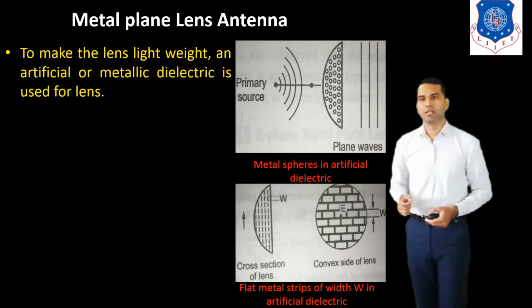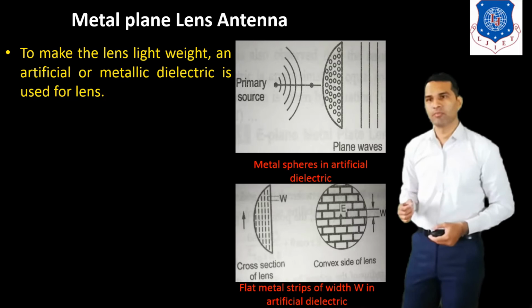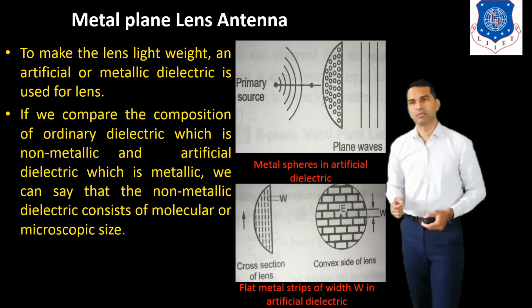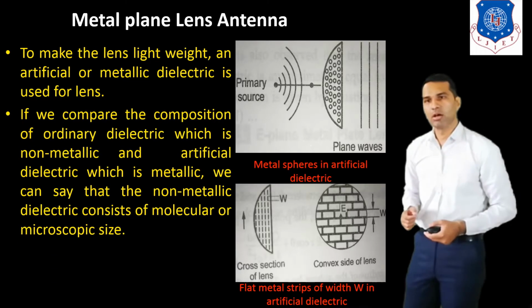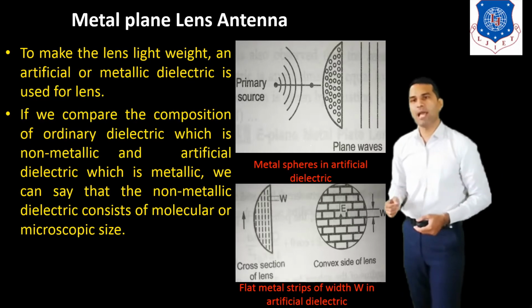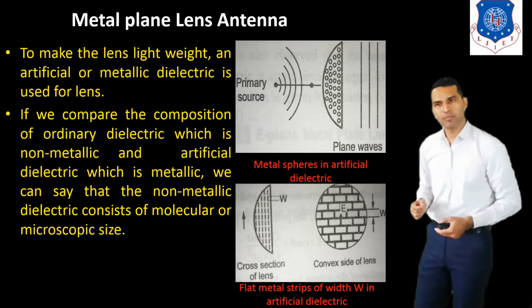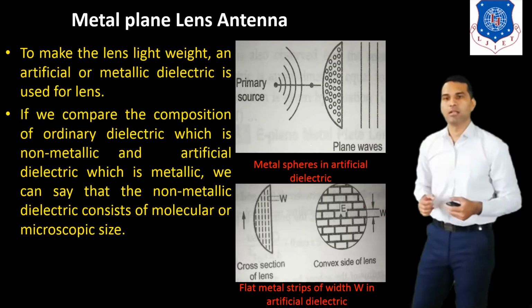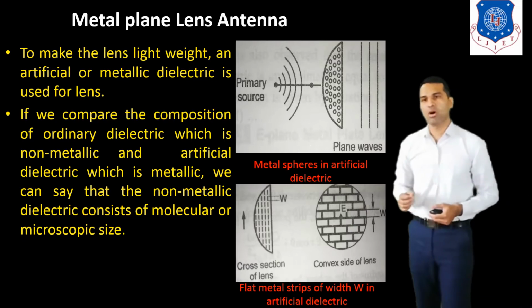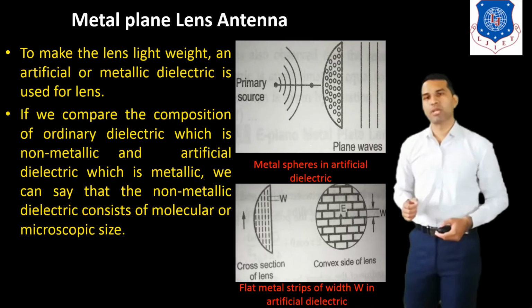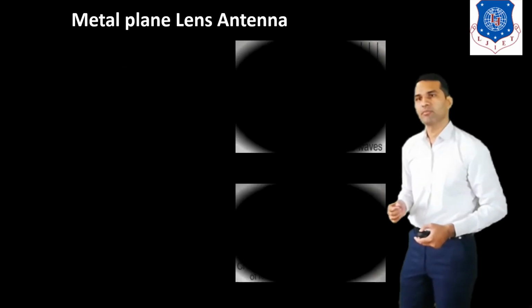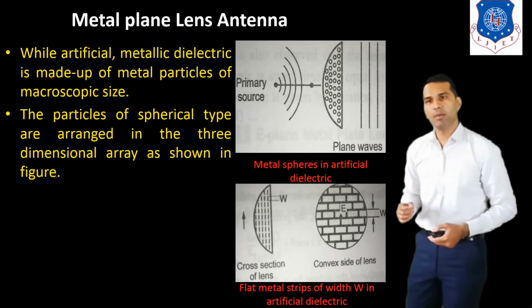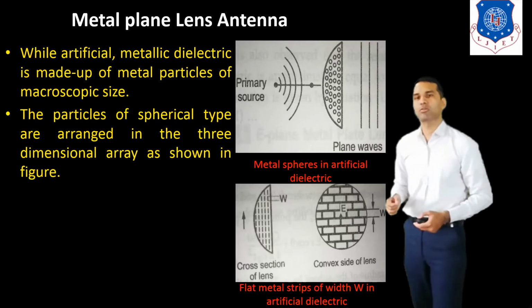To make the lens lightweight, an artificial or metallic dielectric is used for the lens. If we compare the composition of the ordinary dielectric, which is non-metallic, and the artificial dielectric, which is metallic, we can say that the non-metallic dielectric consists of molecules of microscopic size, while the artificial metallic dielectric is made up of metal particles of microscopic size.